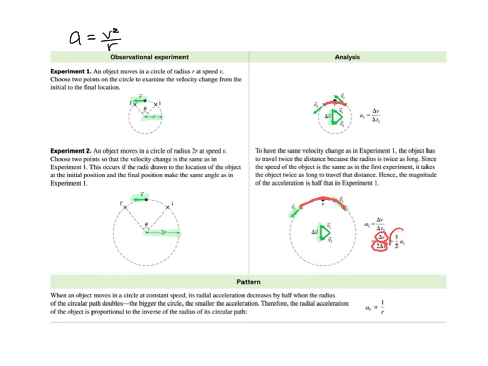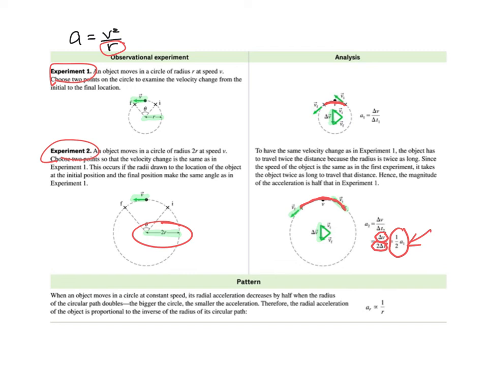So that's going to give me half the acceleration in experiment 2 as I had in experiment 1. So doubling the radius gave me half the acceleration. So that means the radius is inversely related to the acceleration. So that's graphically why you get that equation. We also saw experimentally from the data that you guys analyzed that it works out that way.